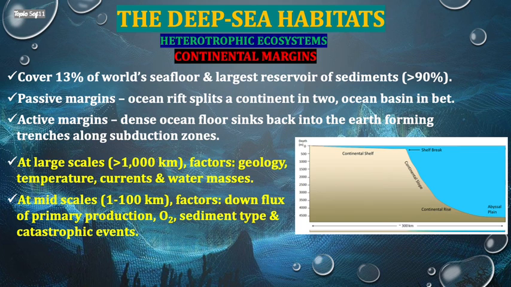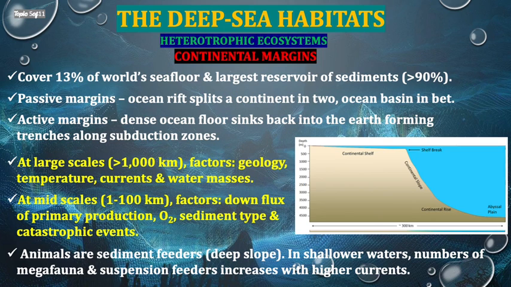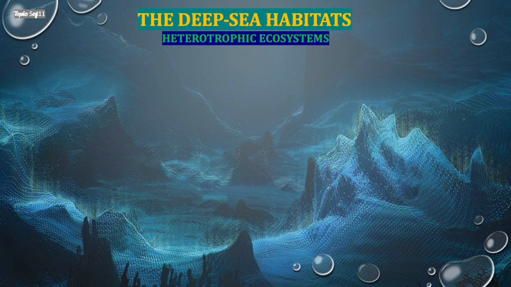While on a mid-scale, the major known factors identified are a downflux of primary production, oxygen concentration, the type of sediments, and also catastrophic events like cyclones. So in this region, the animals are sediment feeders in deeper areas, and the megafauna and suspension feeders increase with the currents along the shallow waters.